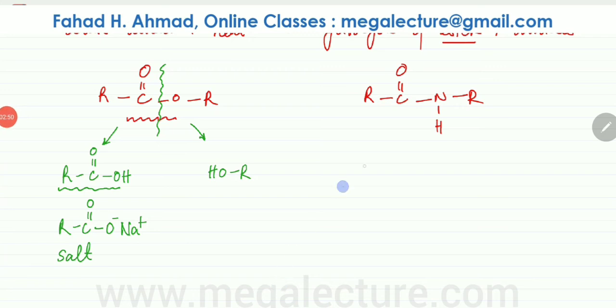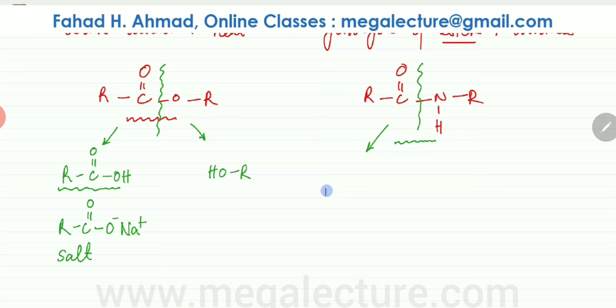And let's also quickly talk about the hydrolysis of amides. This over here is an amide link. It's C double bond O attached to a nitrogen. The nitrogen can have hydrogens attached to it or carbon chains attached to it, depending on the type of amide. The same thing happens pretty much. The amide link breaks.